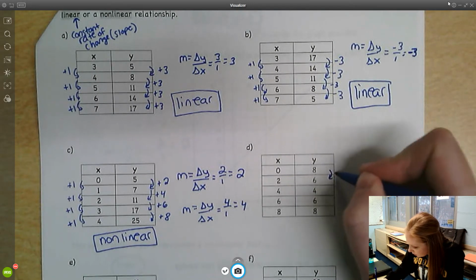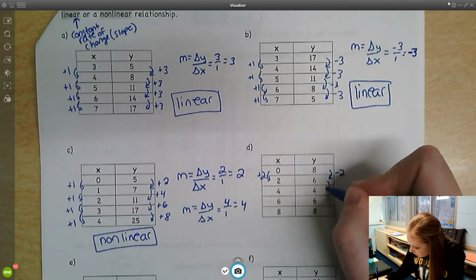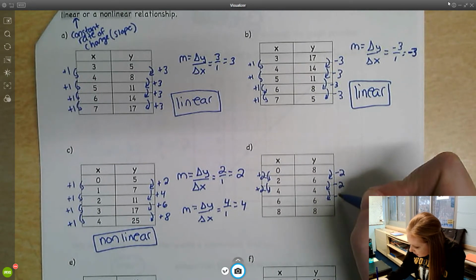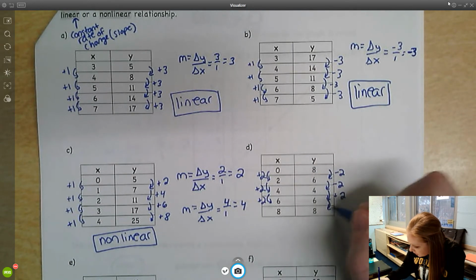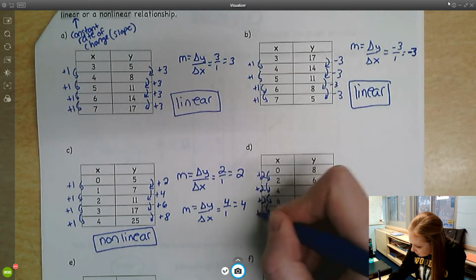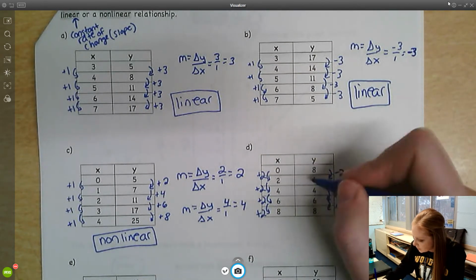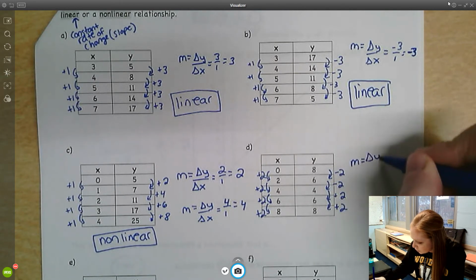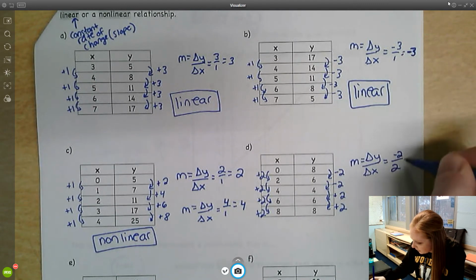Let's look at D. Down 2, up 2, down 2, up 2, up 2, up 2, up 2. Tricky. From (0, 8) to (2, 6), our change in y is -2 and our change in x is +2.